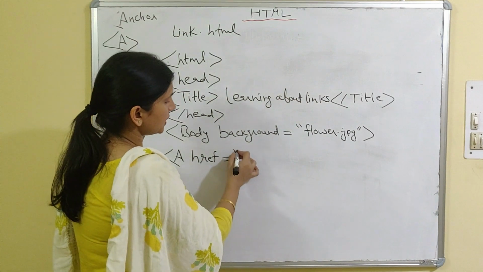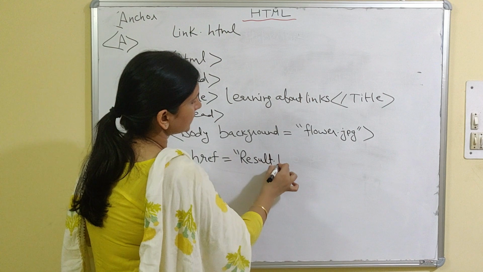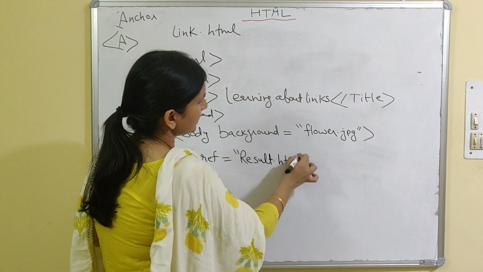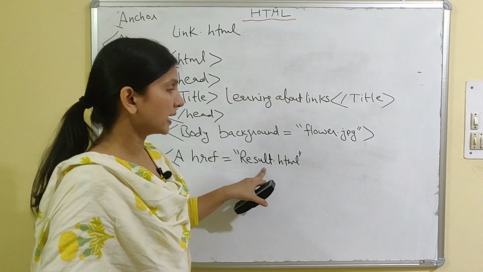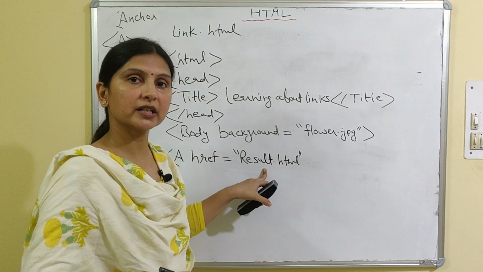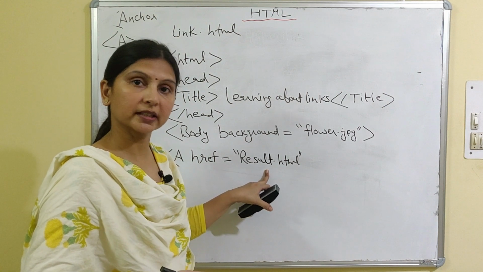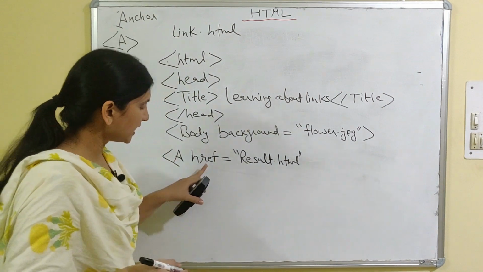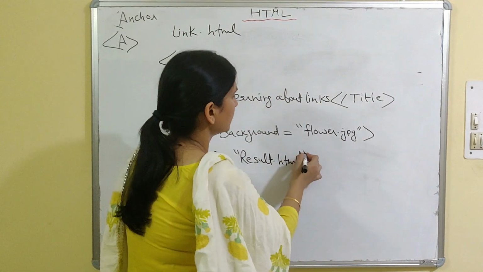So a href result.html, the page in which we have made a table having the names physics, chemistry, maths. The name of that web page is result.html. So a href equals result.html.